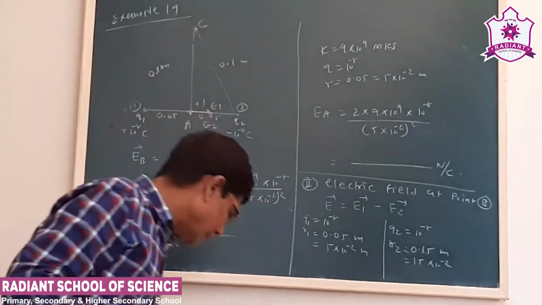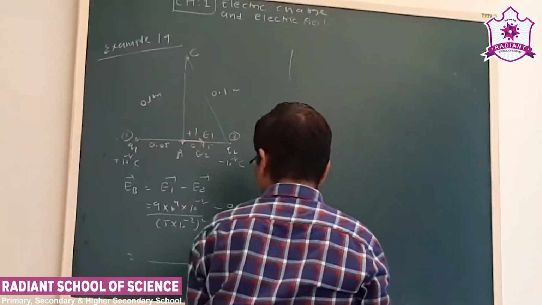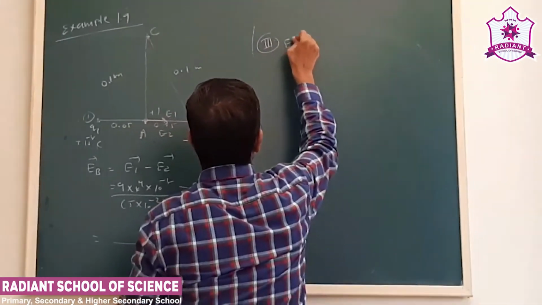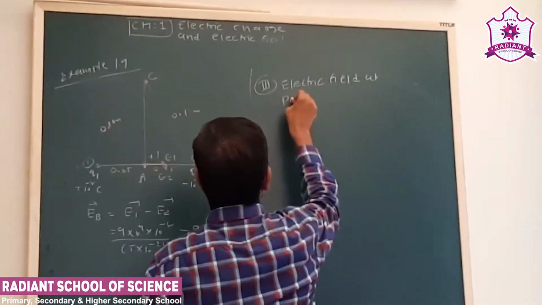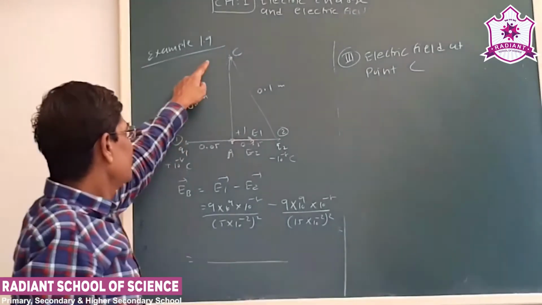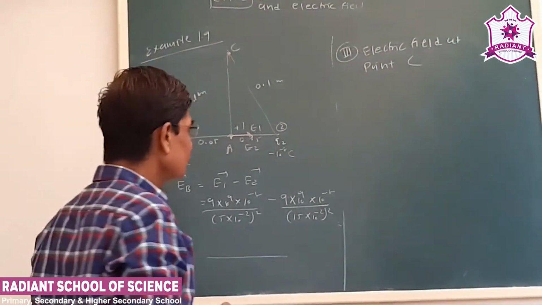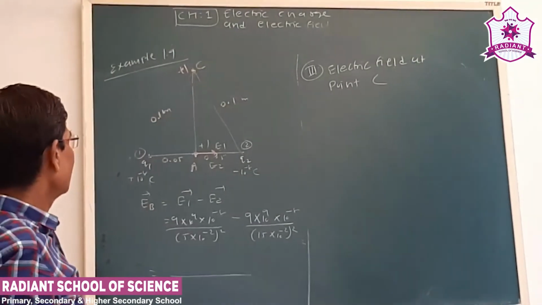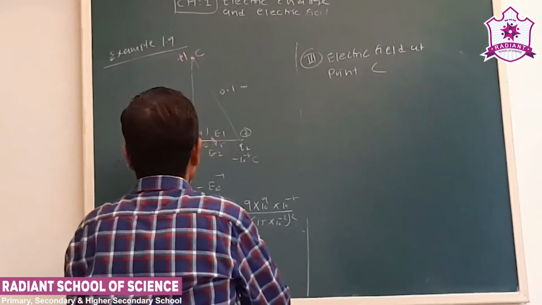Now finally, the electric field at point C. Point C is at equal distance from charge Q1 and Q2. Here we have to find out the force acting on a unit positive charge. Between the plus charge and the test charge here, there will be a repulsive force.